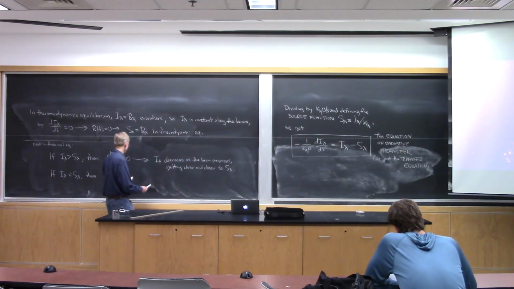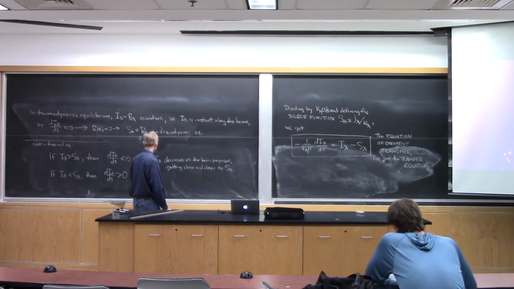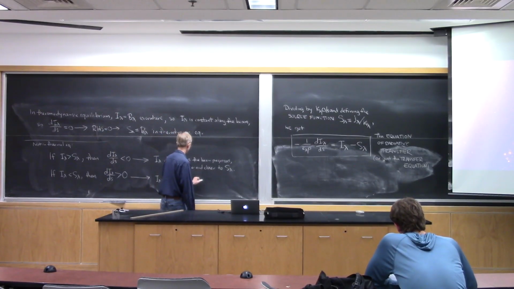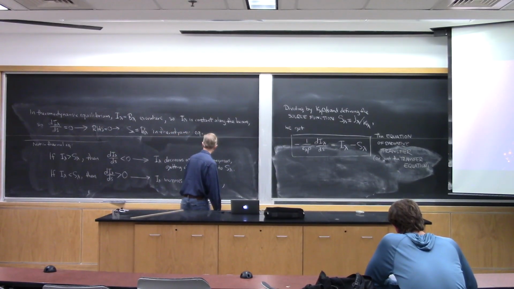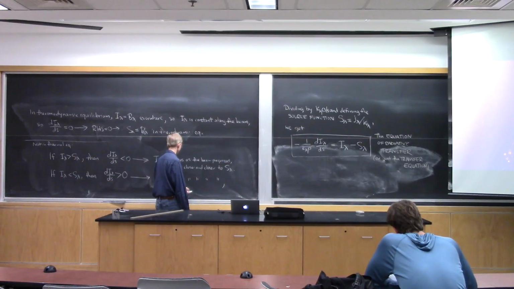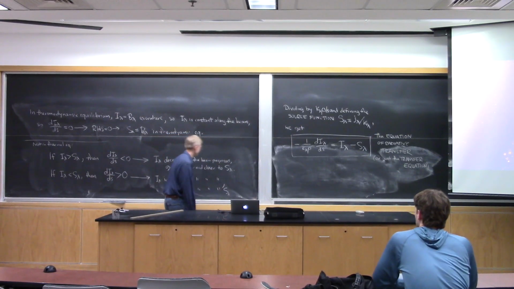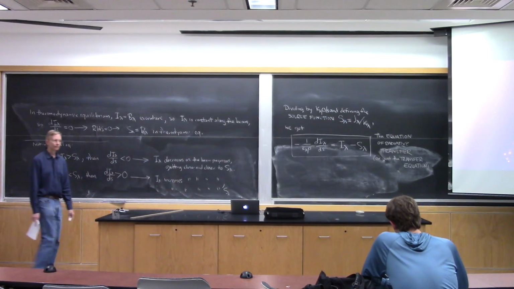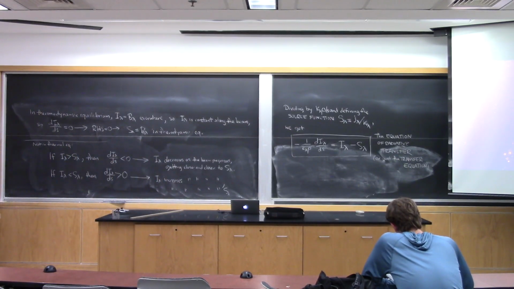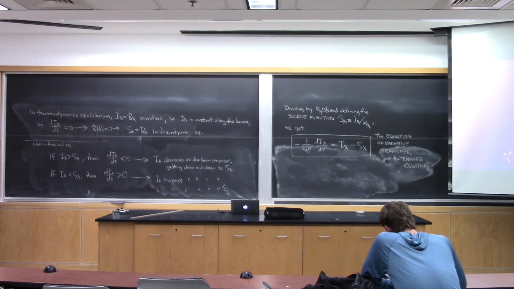And so this time, I lambda increases as the beam progresses, getting closer and closer to S lambda. In other words, I lambda gets closer and closer to S lambda.